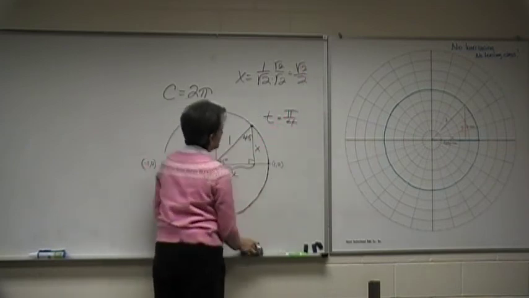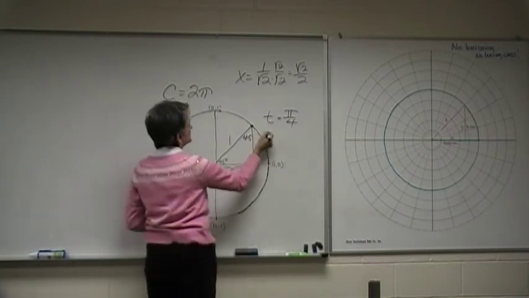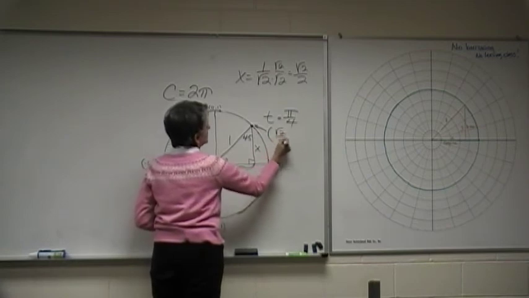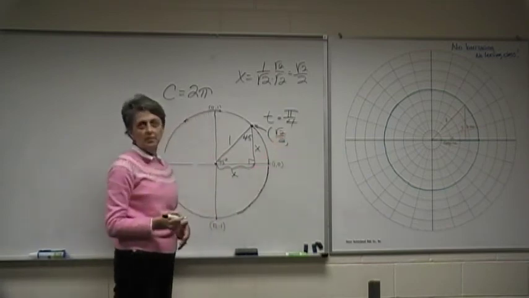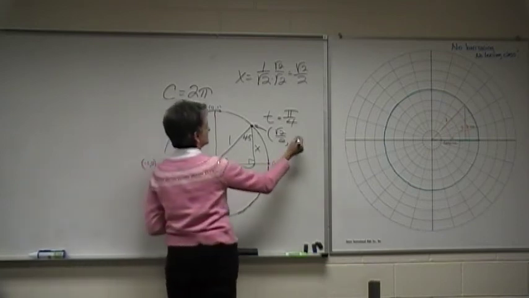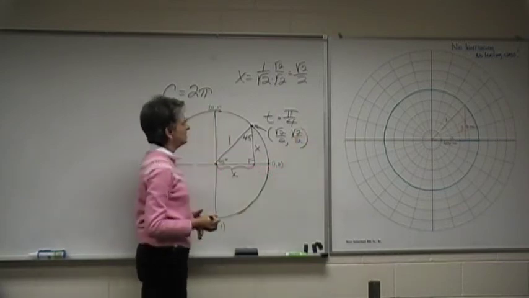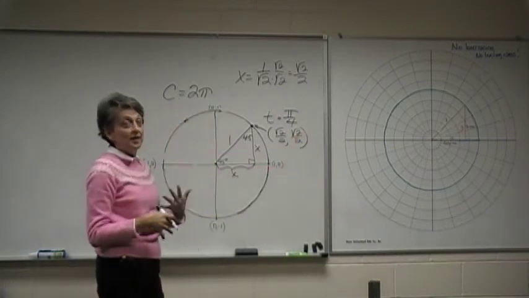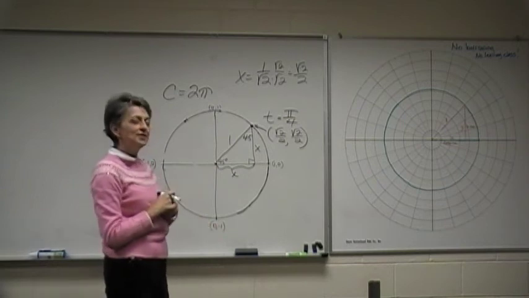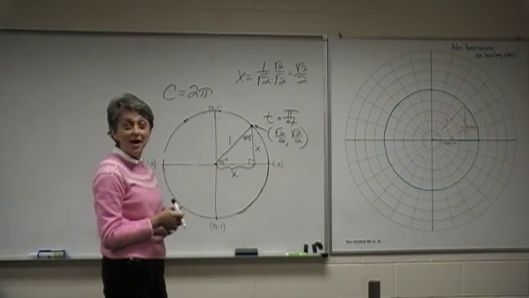Now, what is the terminal point? The terminal point, the x-coordinate, is the square root of 2 over 2. The y-coordinate is the same thing, the square root of 2 over 2. So now we have another terminal point that has kind of a unique characteristic, has the same x, has the same y.